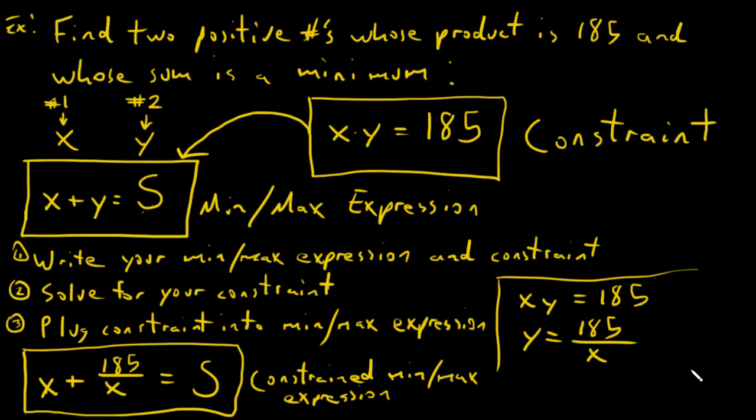So let's try that. Now I'm going to clear the screen and we're going to start right with this one. So clearing this, it was x plus 185 over x equals s. That is my constrained min-max expression. Now I want to find the minimum. How do I find the minimum of a function?